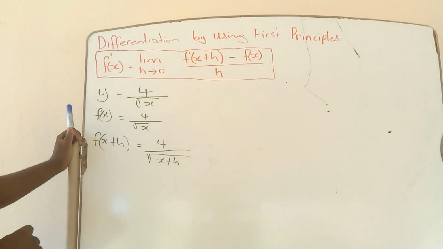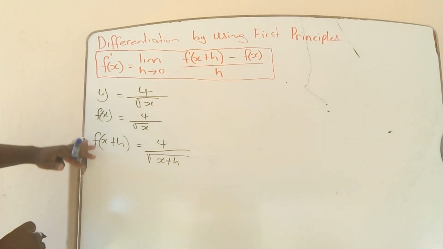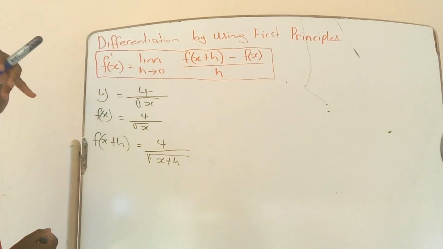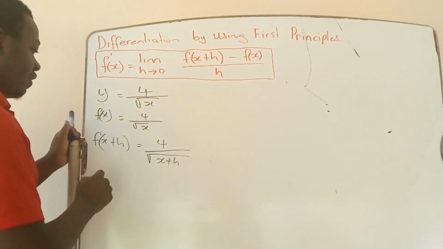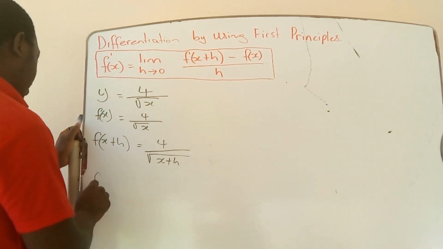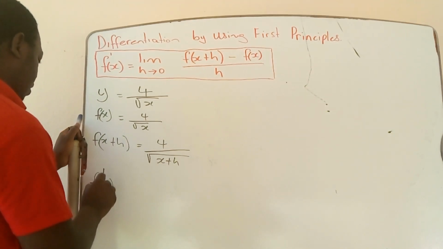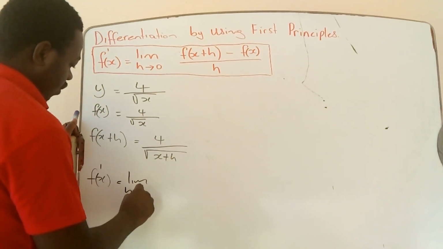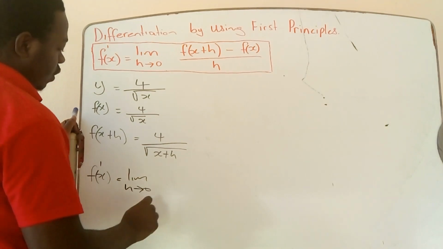Alright? So now, how would you differentiate a function of this sort? We know we need to write our formula, right? So we know that the derivative of f of x is equal to the limit as h approaches 0.